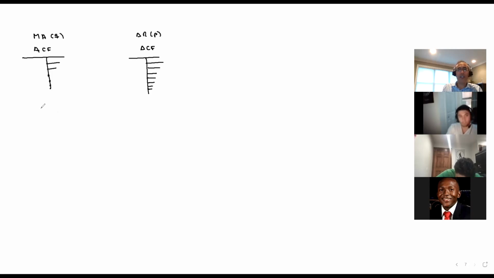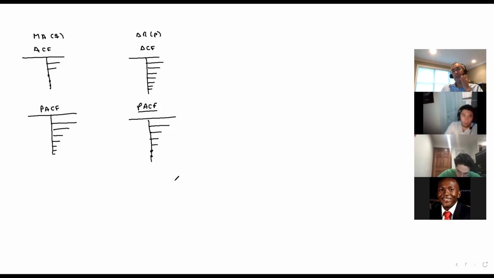This is the ACF. The PACF for the MA process looks like that. And the PACF for the AR process looks like that. Okay? Makes sense? So what process do we have here, guys? Exact process according to my graph. MA what? And AR what?